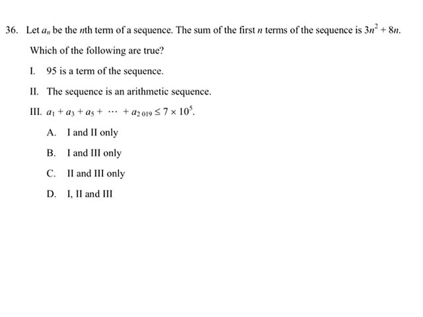Next question is about sequences. So we have a sequence, the sum of the first n terms. We need to break it down to see the sequence. When n is equal to 1, that means the first term, sum of the first: 3 times 1 squared plus 8 times 1, it is 11.